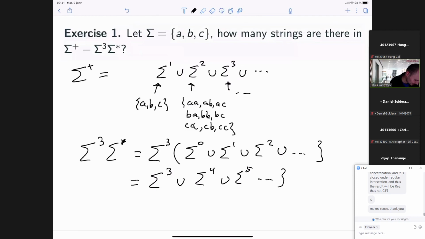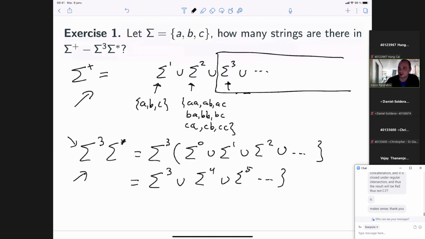So we're interested in strings that are in sigma plus, but not in sigma cubed sigma star. Sigma plus consists of all powers of sigma starting with the first one, and sigma cubed concatenated with sigma star consists of all powers of sigma starting with sigma cubed. So essentially every string from this point onward in sigma plus is going to be present in sigma cubed sigma star.